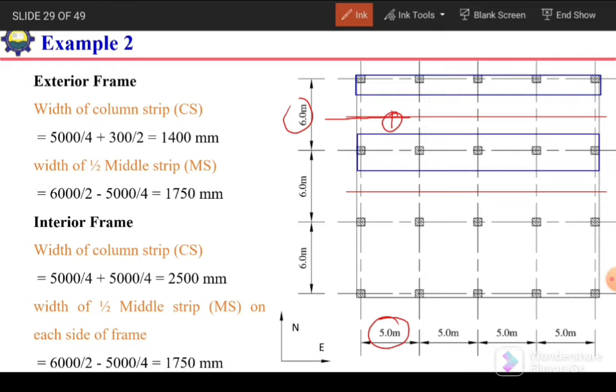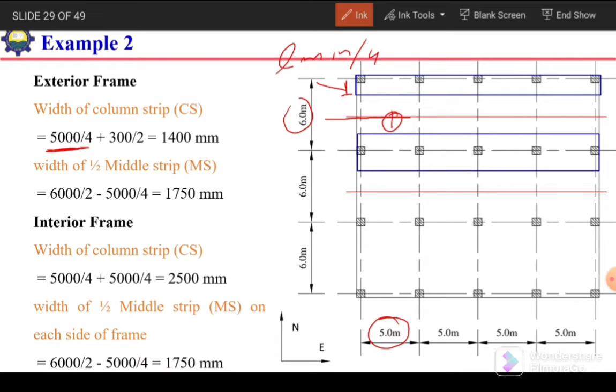As we have seen in the previous case, the width of column strip from the center line of the column is L minimum divided by 4. In our case L minimum is 5, so 5000 millimeter divided by 4.